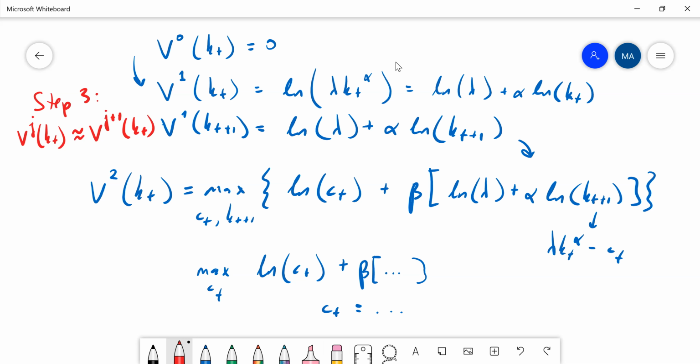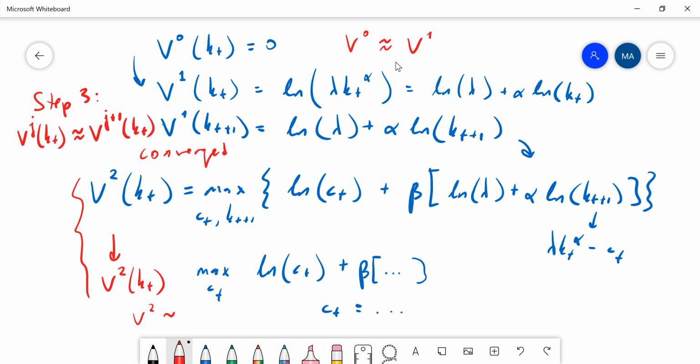You do this. Then again, you check whether, now here I am checking V0, V1. At the end of this step, I will have V2, right? Then I will check whether V2 is approximately equal to V1. If this is correct, I will stop. If it is not correct, I will go back to step 2.